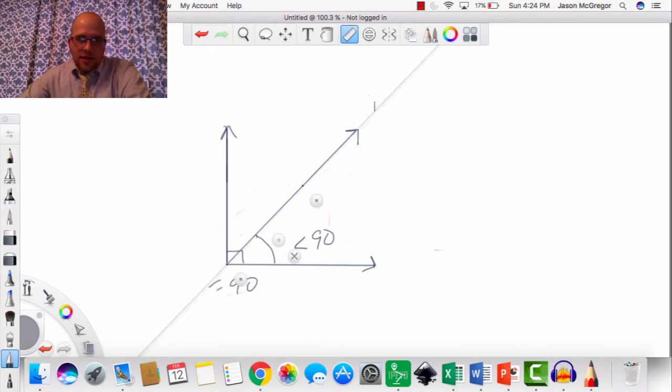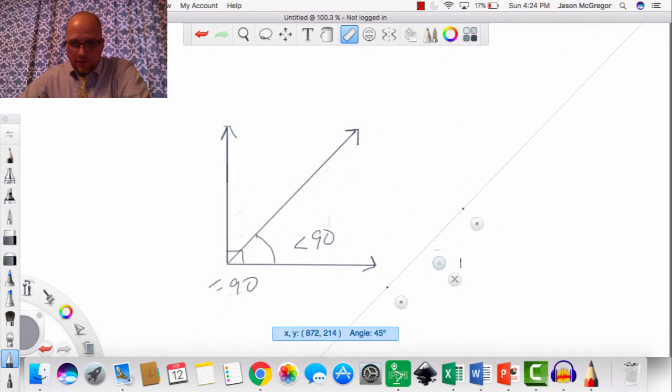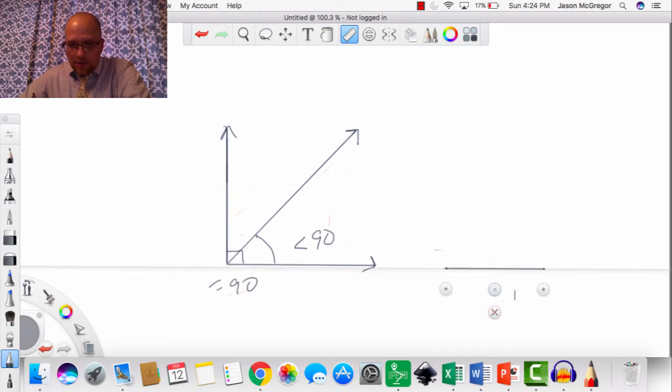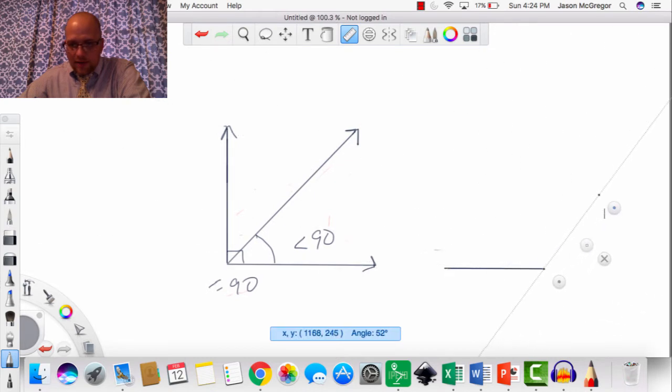Now there's a third type of angle, which, if you will recall, is the one that is greater than 90 degrees, and we call that one an obtuse angle. So I'm going to make it going this way. So here's my obtuse angle.